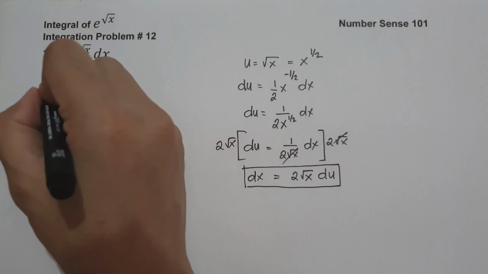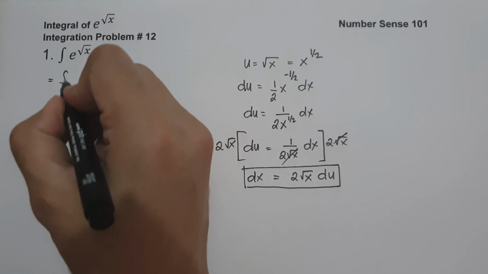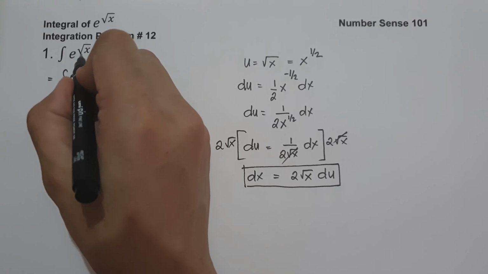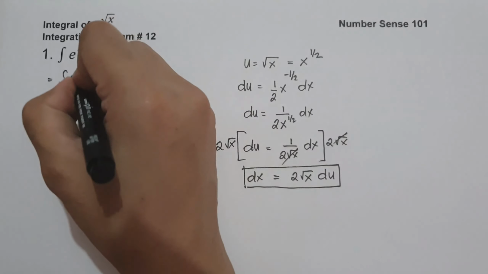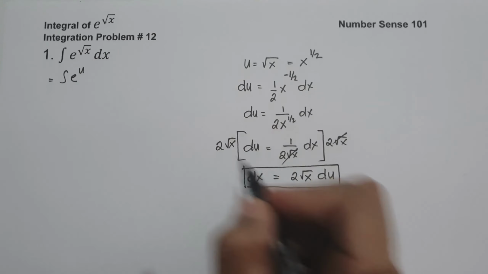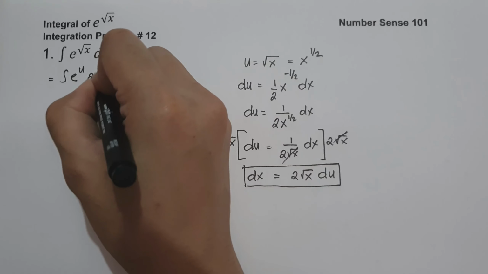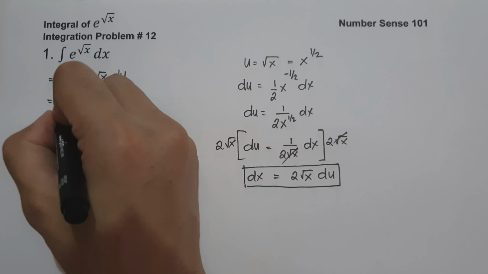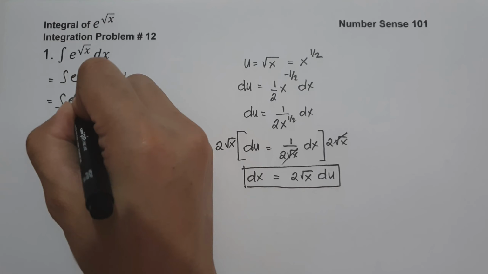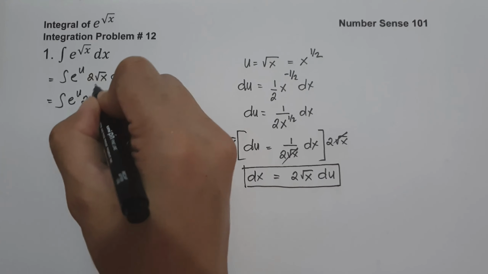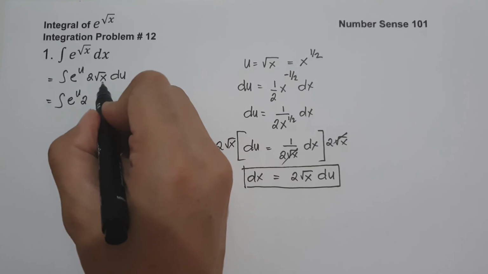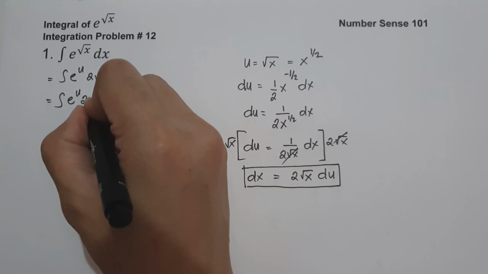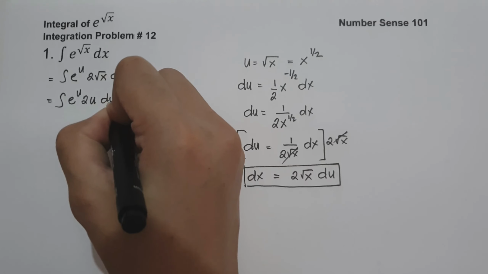And then let us have the antiderivative of e raised to square root of x, that is u, and dx, that is 2 square root of x du. So let us have the antiderivative of e raised to u times 2 square root of x. Since square root of x, that is u, so we are going to write 2u, then du.